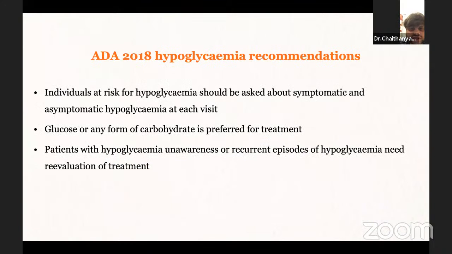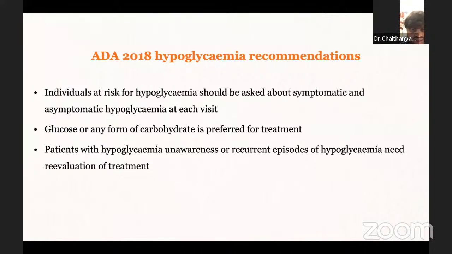So this is what the ADA is recommending. Whenever the patient comes back to you for review, you should always ask the patient not only about the diabetes management, not only about diet, not only about lifestyle, you should even stress upon the hypoglycemia, whether they had hypoglycemia or not.